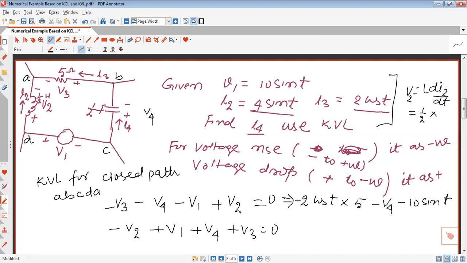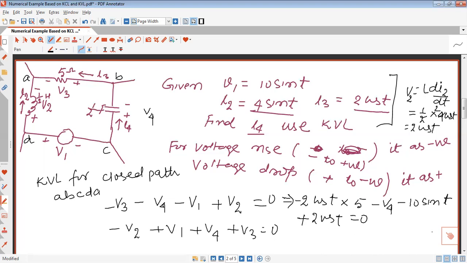So we have to differentiate it. It will come as 4 cos t, times 1 by 2, so our voltage V2 will be 2 cos t. Now we put 2 cos t in place of V2, equal to 0.